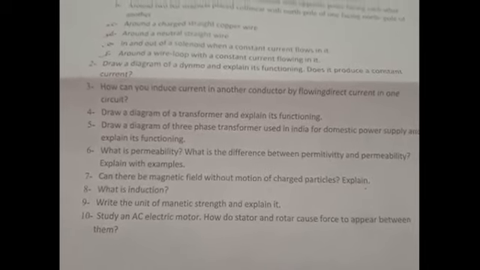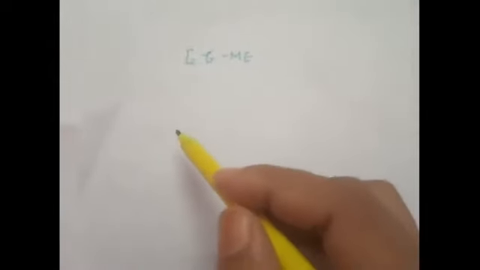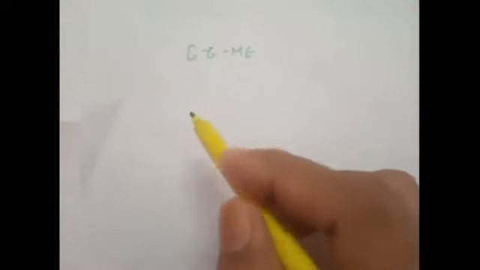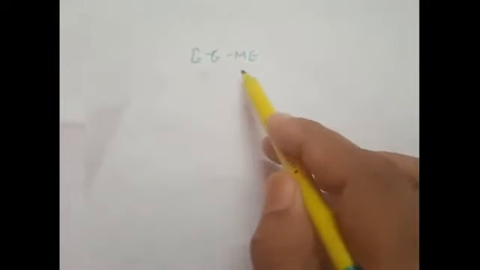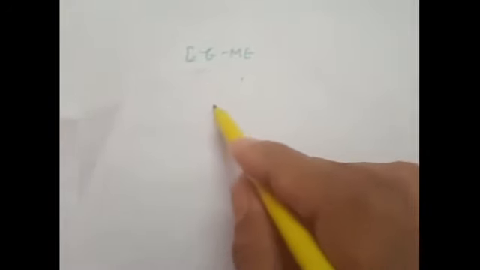Question number 10 is: study an AC electric motor. How do stator and rotor cause force to appear between them? As we all know, electric motors are devices which convert electrical energy into mechanical energy. In the case of an AC electric motor, the source we are using to give the electrical energy supply to the device is in the form of alternating current.